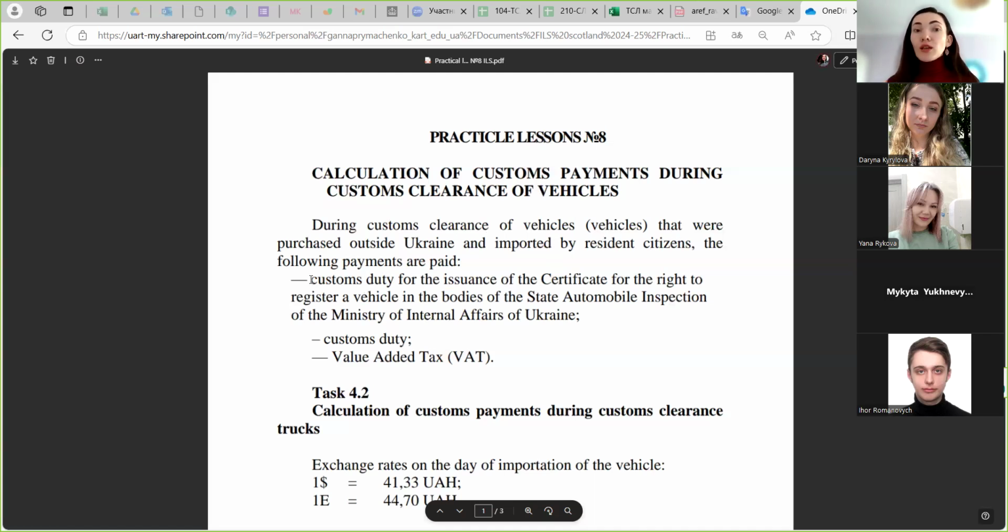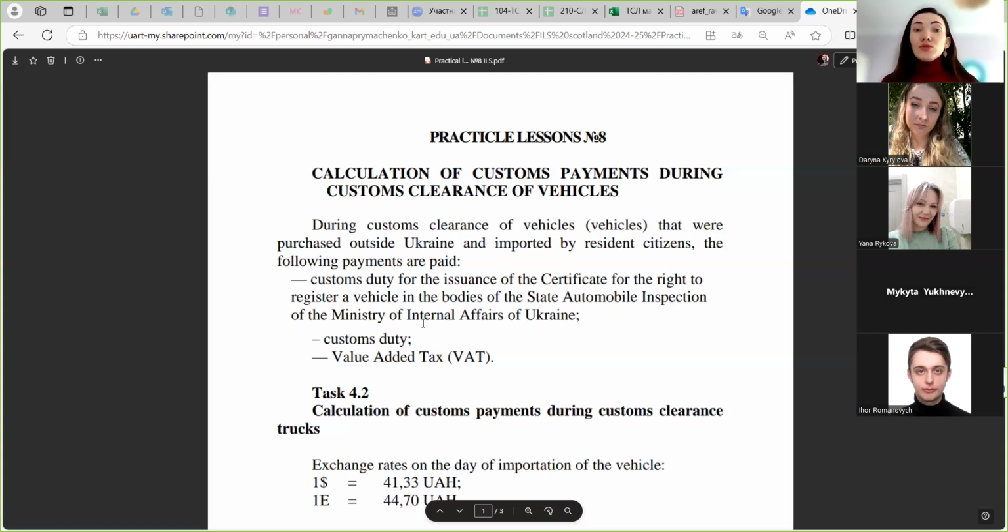We use the next payments for different types of vehicles. It is the customs duty for the issuance of a certificate for the right to register a vehicle with the state automobile inspection bodies of the Ministry of Internal Affairs of Ukraine.